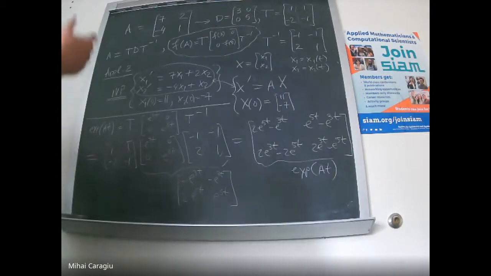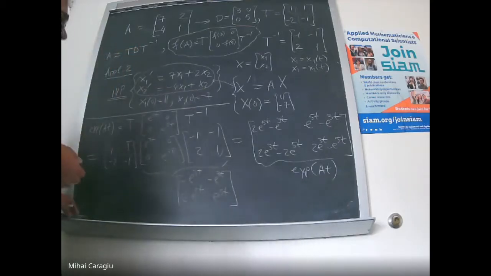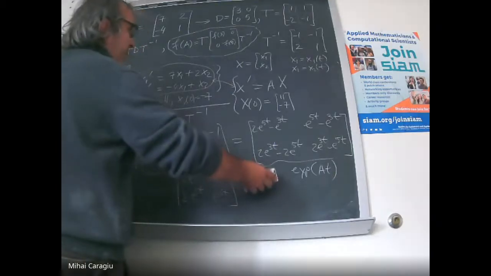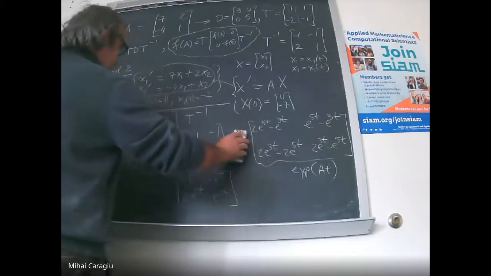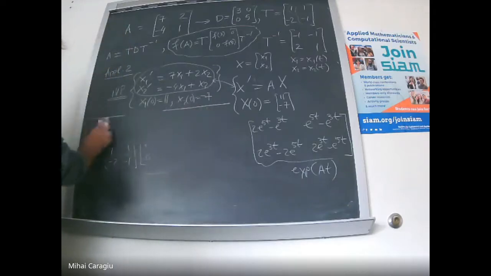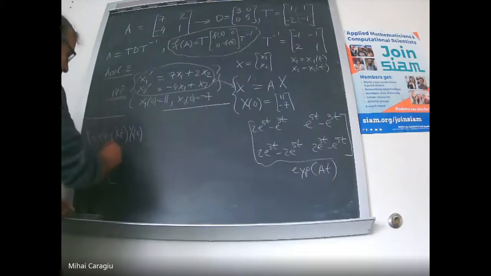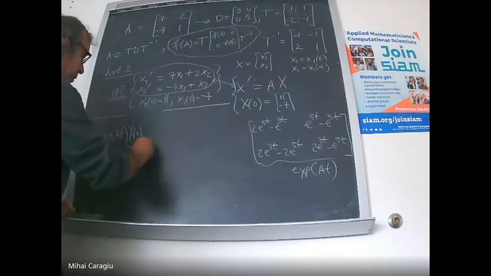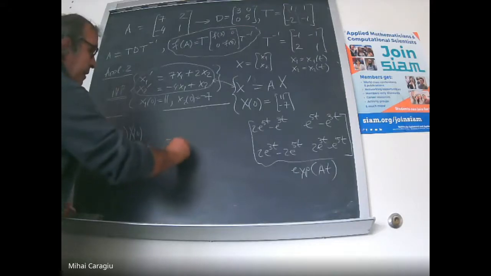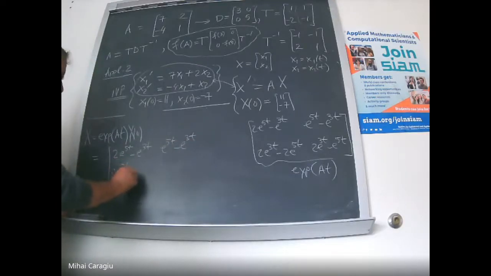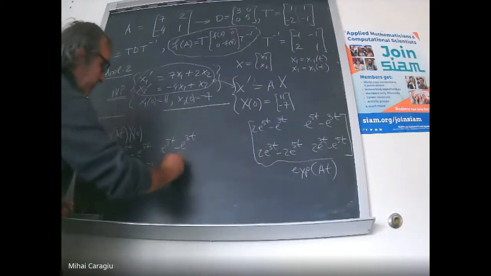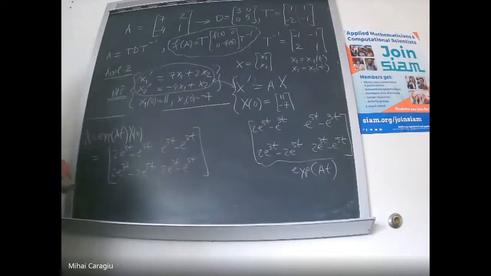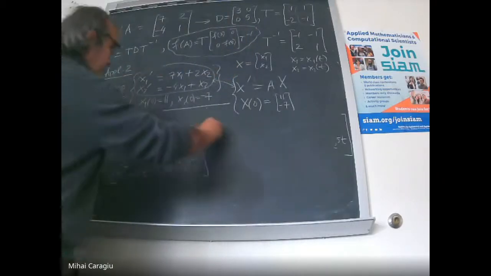Okay, now we need one more step in order to find the solution of the system of linear differential equations. We need to multiply the exponential of at by the vector of initial conditions, 11 and minus 7. So x will be the exponential of at times x of 0, which is the matrix 2 e to the power 5t minus e to the power 3t, e to the power 5t minus e to the power 3t, 2 e to the power 3t minus 2 e to the power 5t, 2 e to the power 3t minus e to the power 5t, multiplied by the vector of initial conditions 11, minus 7.